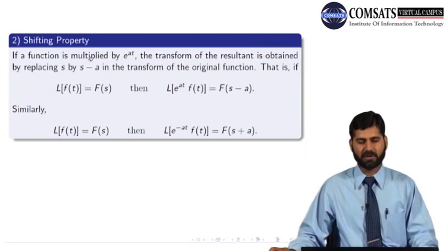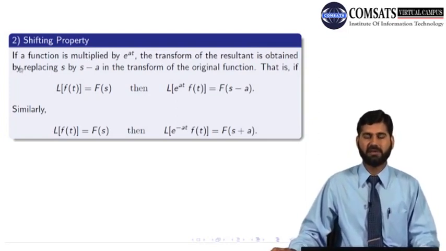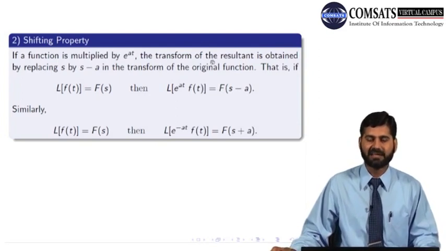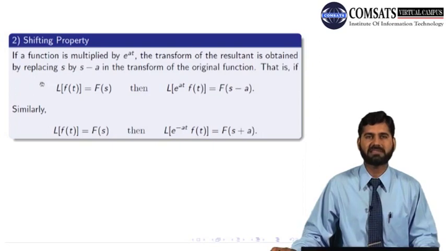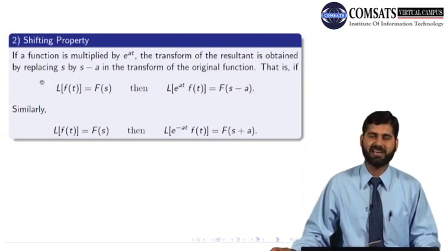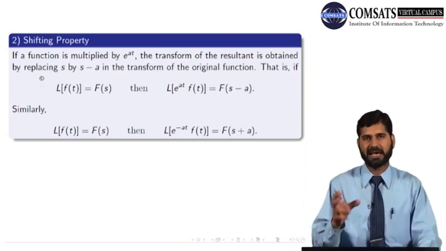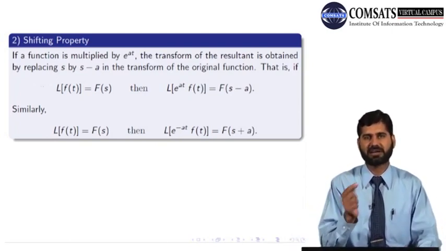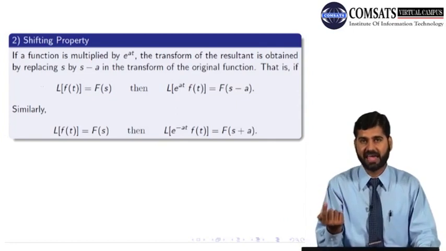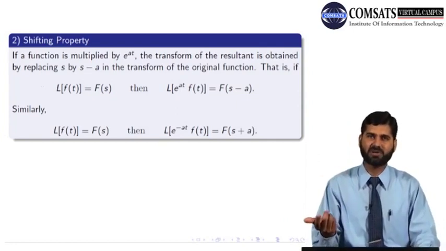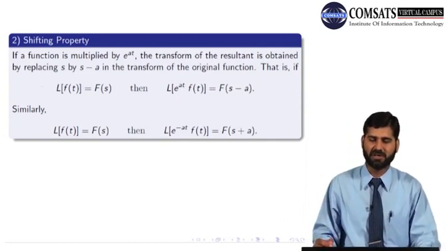Shifting property, this is an important property. If a function is multiplied by an exponential e to the at, the transformation of the result is obtained by replacing s by s minus a. So what you do is basically shift the origin. The function of s has its origin at 0, but s minus a has its origin at a, because at s equal to a, s minus a becomes 0.